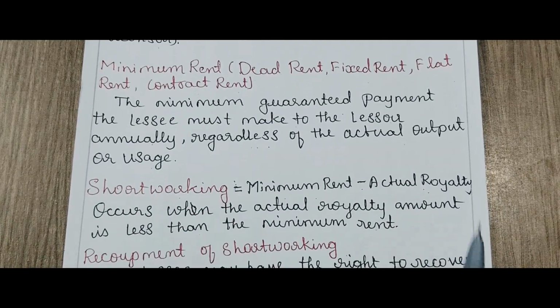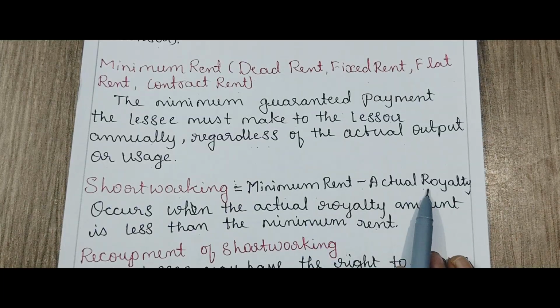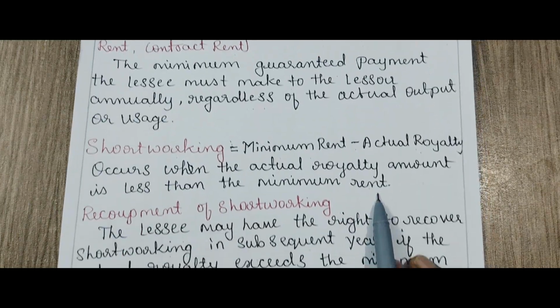What is short working? Short working is the difference between the minimum rent and the actual royalty. When the actual royalty amount is less than the minimum rent, this short working arises.